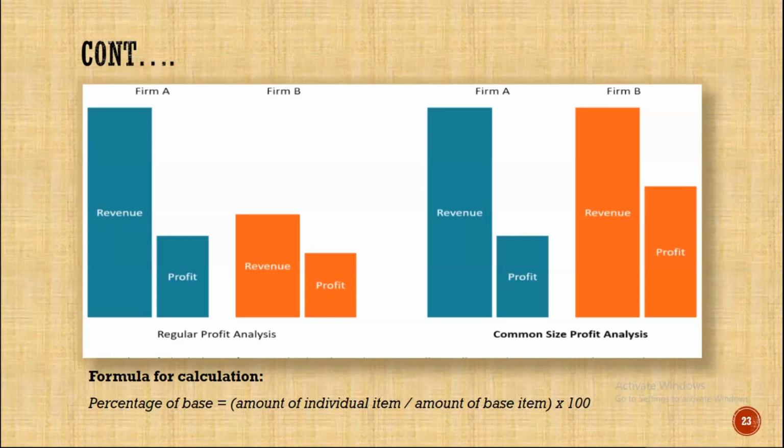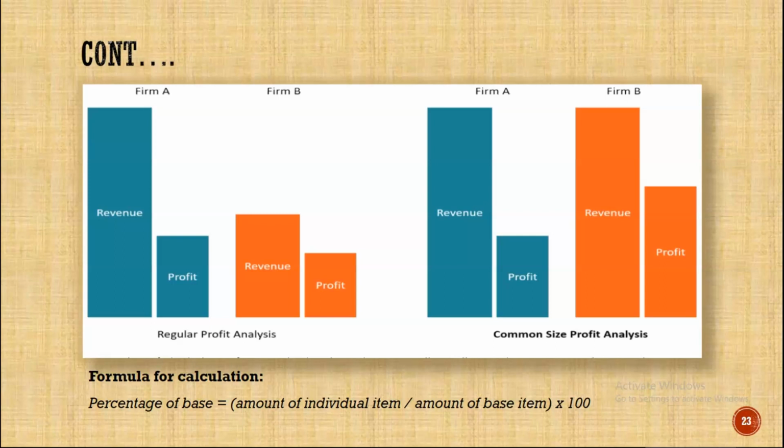But when we compare it by using common size profit analysis, we come to know that the revenue of firm B, though less, profit is good. So this is the beauty of this common size statement, which gives us an idea, a real picture. One can understand the actual performance of the organization.